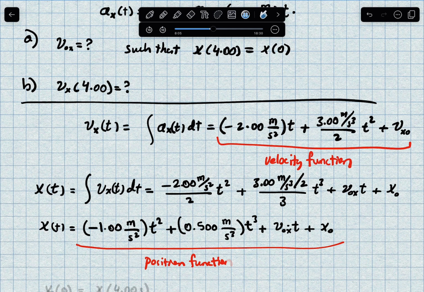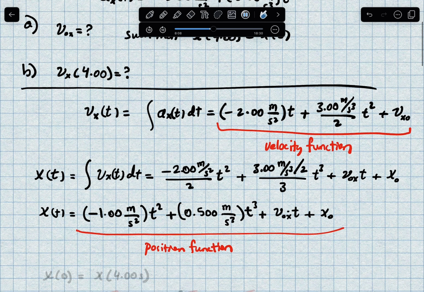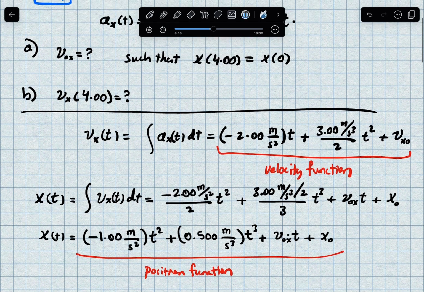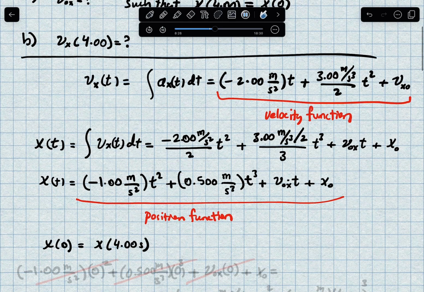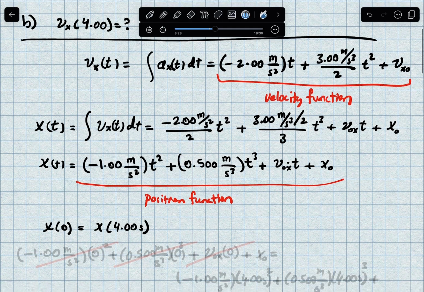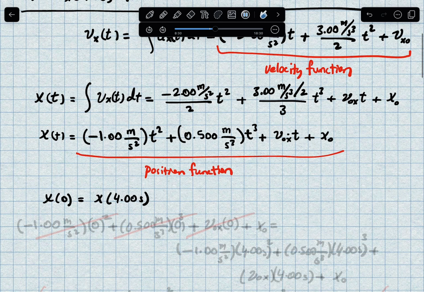It's a function of time. And let's equate these two positions. So the position when time is 0 equals the position when time is 4 seconds. And I want to expand both sides.